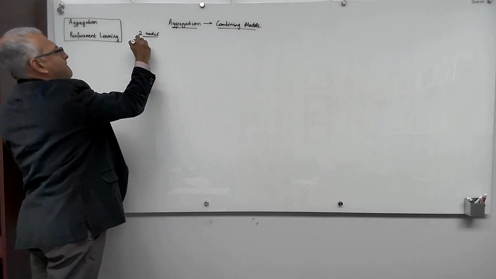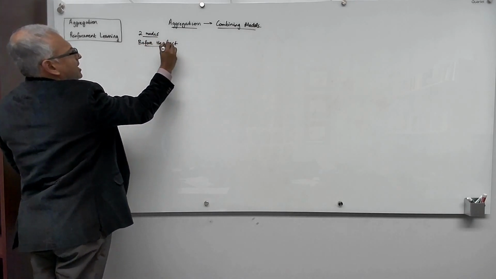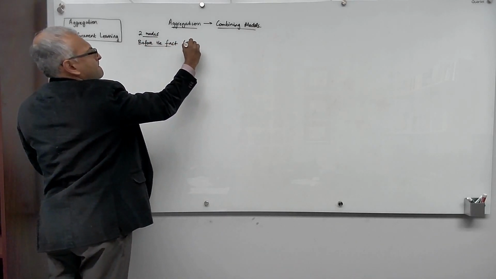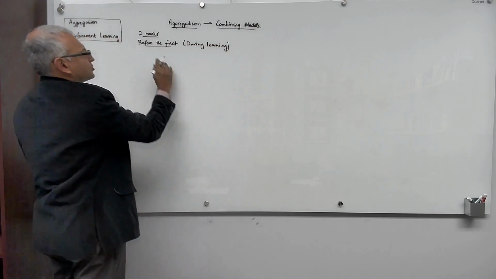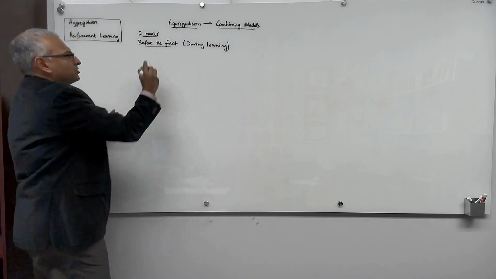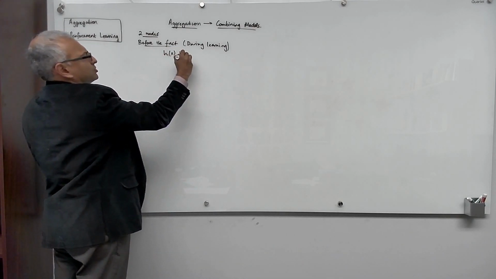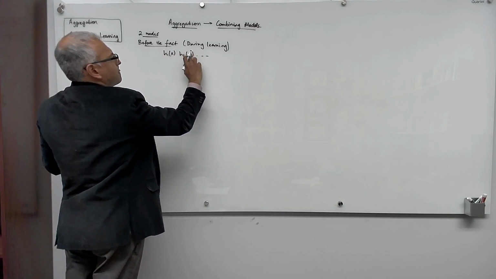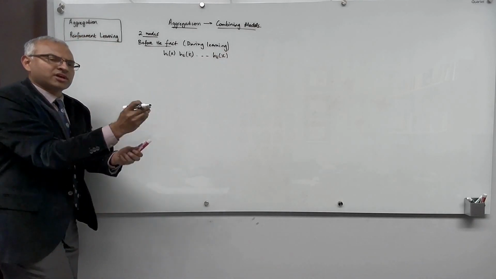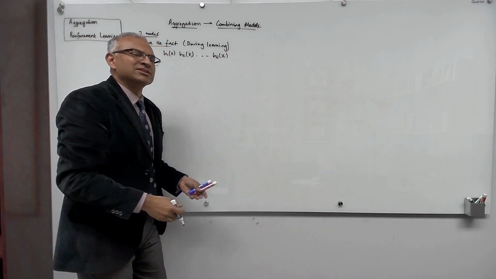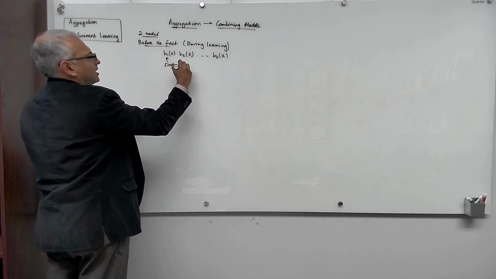Before the fact, i.e. during learning, okay, so as you are performing the learning, you have the hypotheses that are generated H1 of X, H2 of X, and so on, HT of X. As you learn, you gradually produce, and typically simple hypotheses.